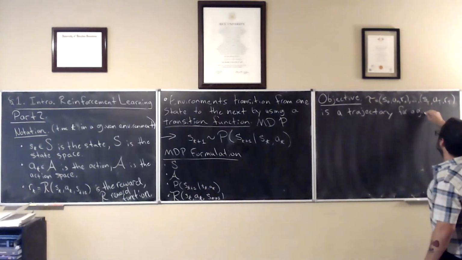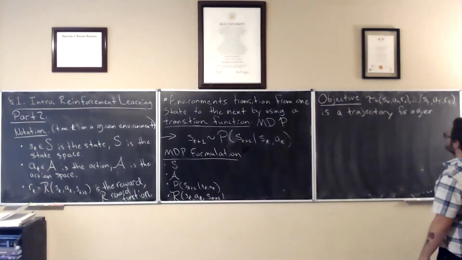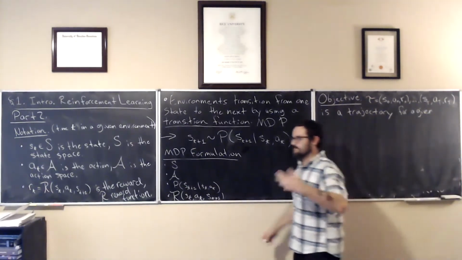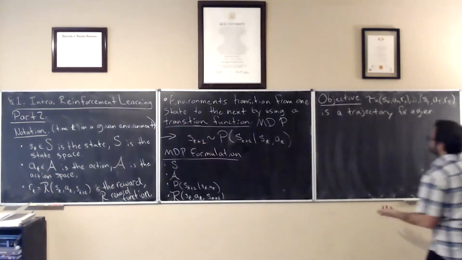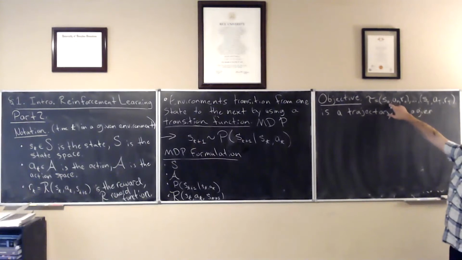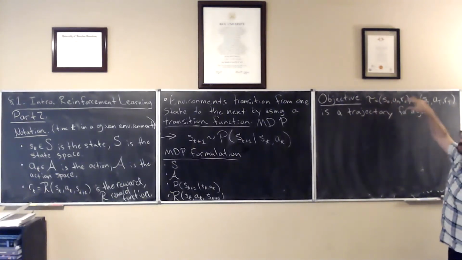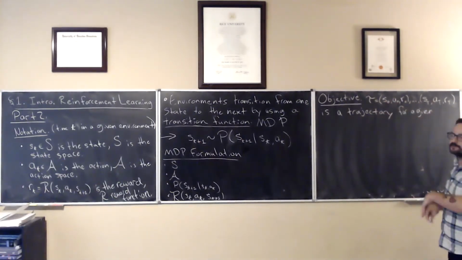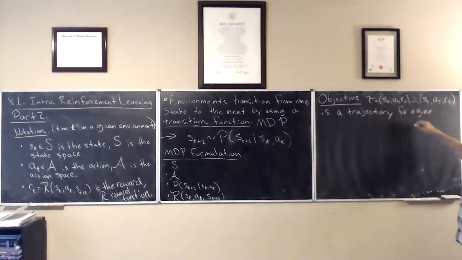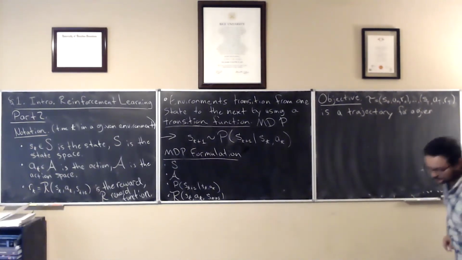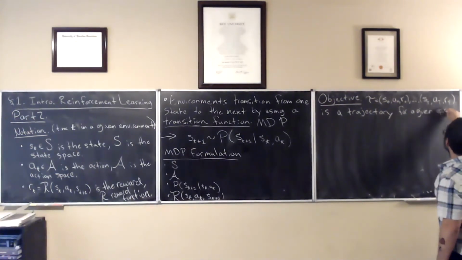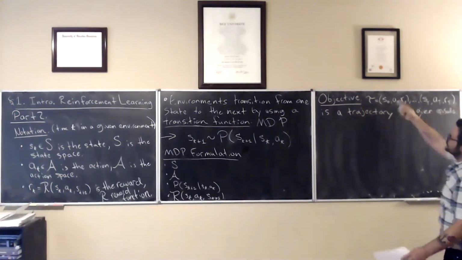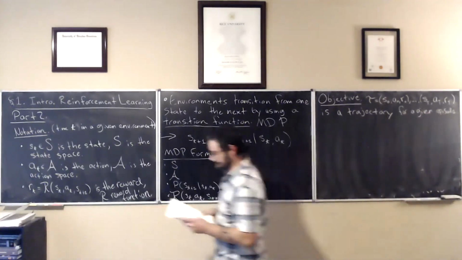Again, an episode is just a sequence of time steps from time equal to 0 to a terminal state or to a maximum allowed time. For each time step, we have an experience, and a trajectory is just a sequence of experiences where we have state, action, reward as a given experience. And we just use tau to typically denote that.